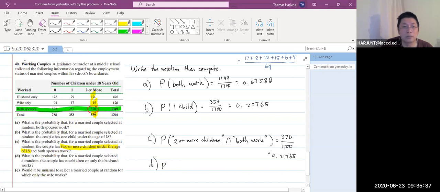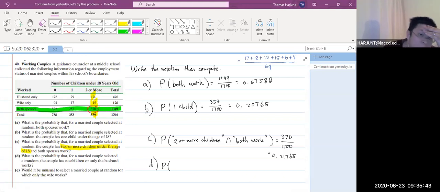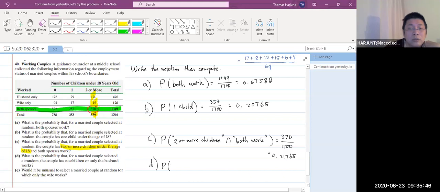Part D, what is the probability that for a married couple selected at random, the couple has no children, or only the husband works.